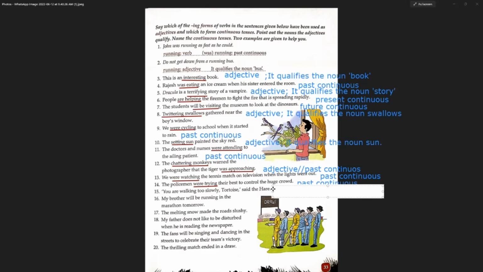So, what shall I underline there, everyone? Yeah, please answer. What shall I underline? Are walking. Okay. And what is the tense there? Present continuous. Exactly. That is present continuous.